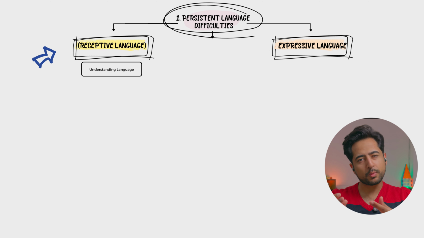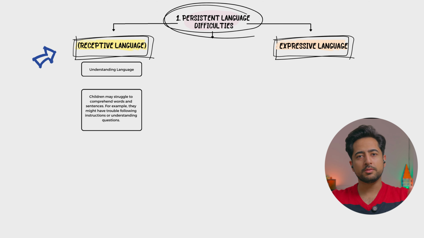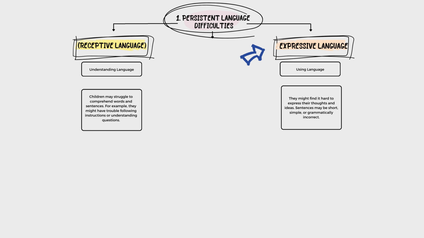They find it quite difficult to comprehend the words, the sentences, the phrases or the instructions that have been said to them. Number two is expressive, when children are not able to say the right words. They might find it hard to express their thoughts and ideas. Sentences may be short, simple, or grammatically incorrect.